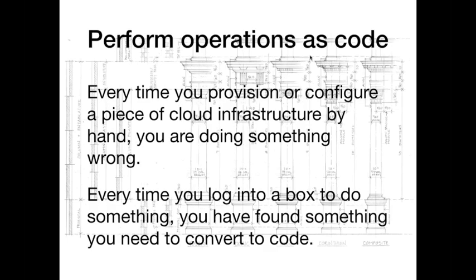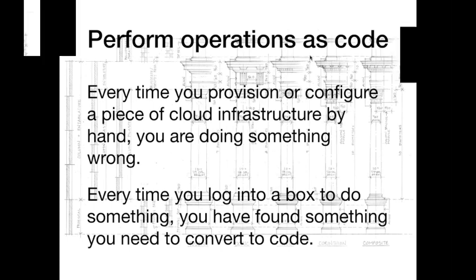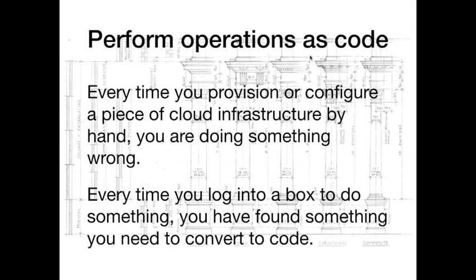So the very first principle, and I think the most important one in this pillar, is perform all operations as code. This is something that the continuous delivery people have been harping at you about for a decade, but it is super important.